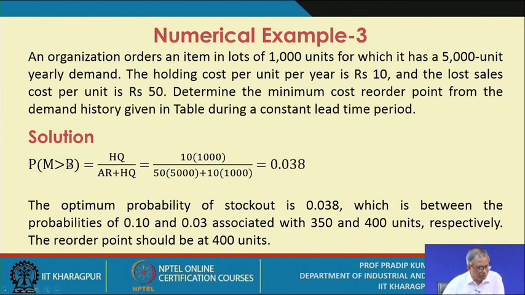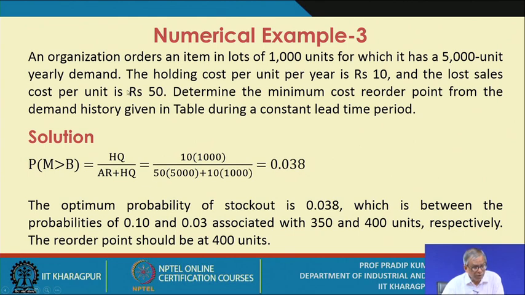We have already derived the expression for the optimal probability of going out of stock, that is the probability that M is greater than B, equal to HQ divided by AR plus HQ. The values of H and Q are known; Q is 1000 units, that is the lot size, and R is the yearly demand, that is 5000 units.